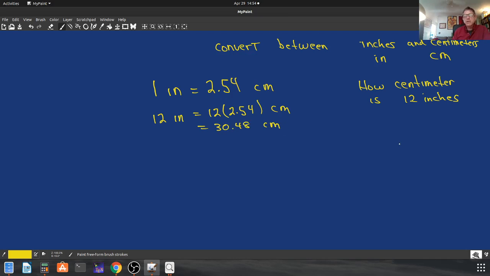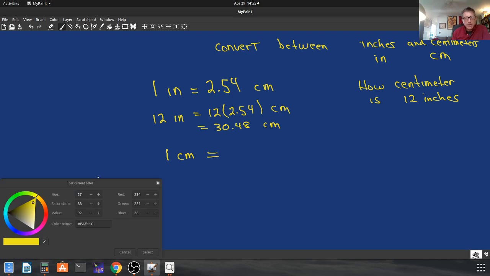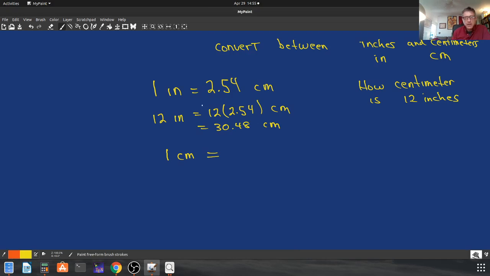Well, suppose you wanted to go the other direction. Suppose you want to go from centimeters to inches. Well, you have the equation right here. 1 inch is equal to 2.54 centimeters.